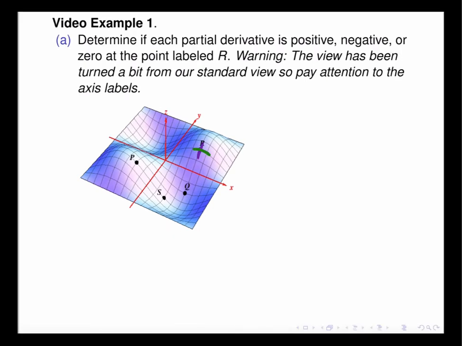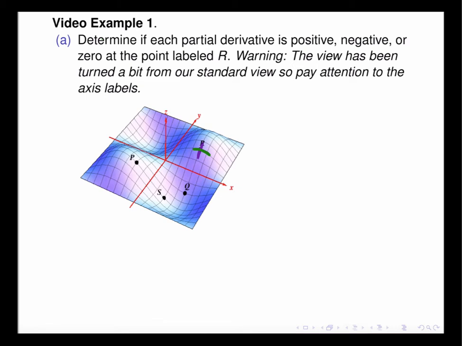So first, let's think about the partial derivative of f with respect to x at the point r. That means we're walking through r along a trace that's parallel to the x-axis, along that shaded green path. Just like in one variable calculus, are you going uphill?